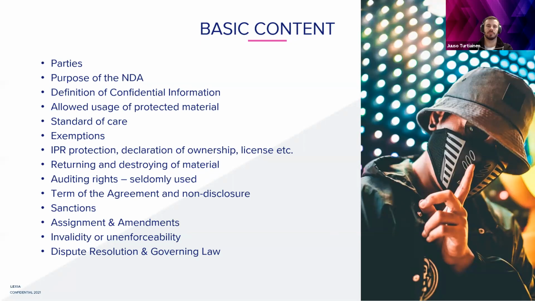So what is the confidential information that can be discussed under the NDA, what the information can be used for, so assessing or analyzing, for example, the software that could be discussed, and the level of care, so what's the standard of care for the confidential information, how the other party should treat the confidential information you are providing. Then setting up certain exemptions to the confidentiality, which we will go into in a bit more detail later on.